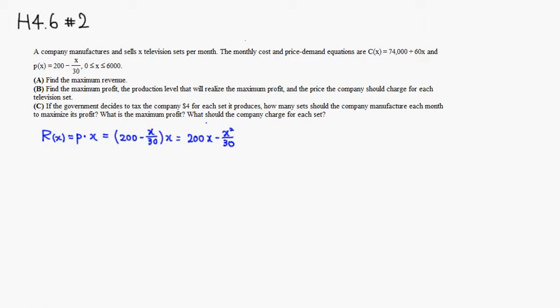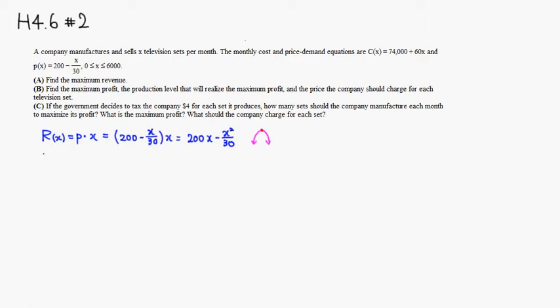This is a quadratic function, so the graph is a parabola, and the leading coefficient is negative, which means it's concave downward, facing down. So we're looking at something like that. The maximum revenue is going to occur at the vertex there.